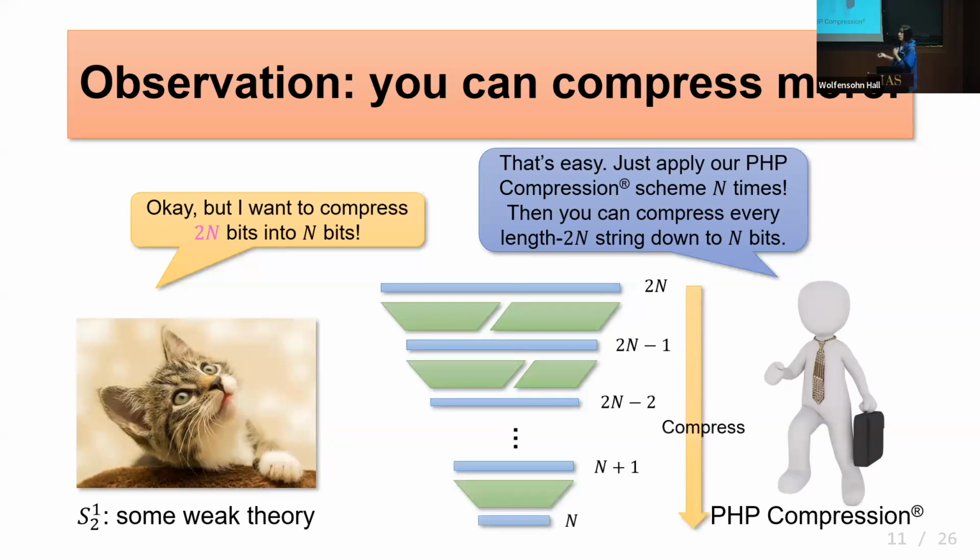So the compression goes down while the decompression goes up. If you have a length n string, you just plug it here and decompress about n times, and you obtain the length 2n string. So in more formal words, this shows the dual equation principle from 2 to the n to 2 to the n+1 is equivalent to the dual equation principle from 2 to the n to 2 to the 2n.